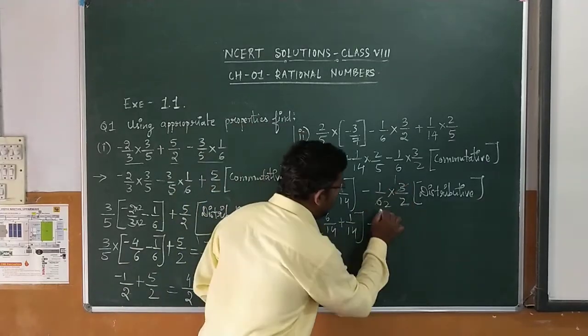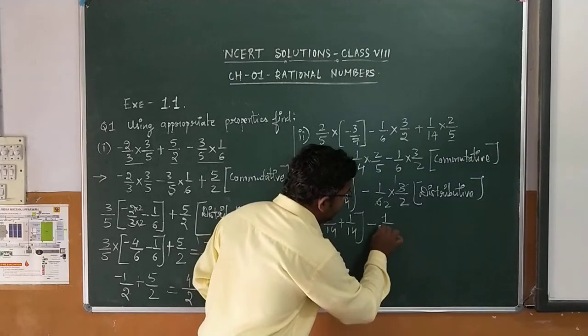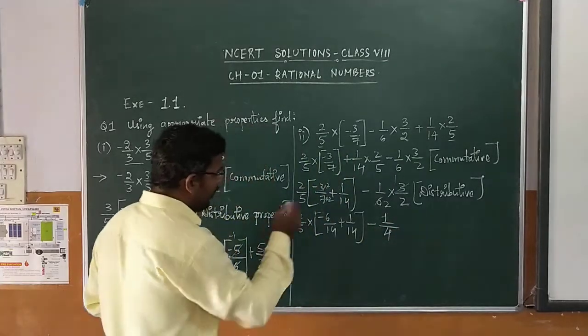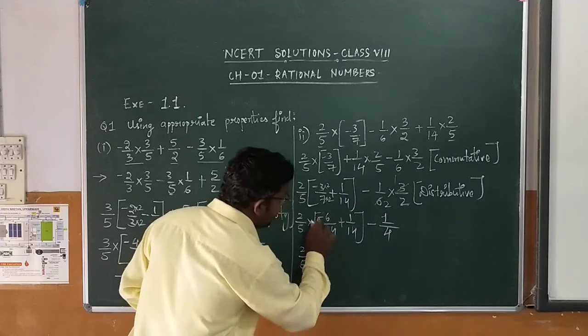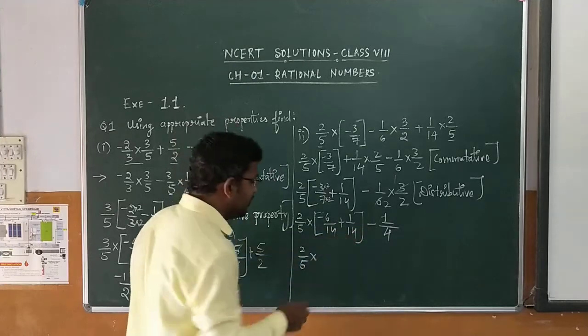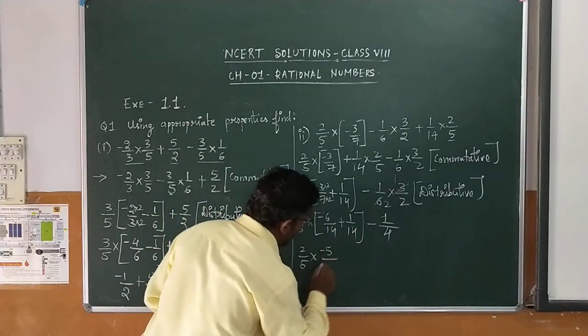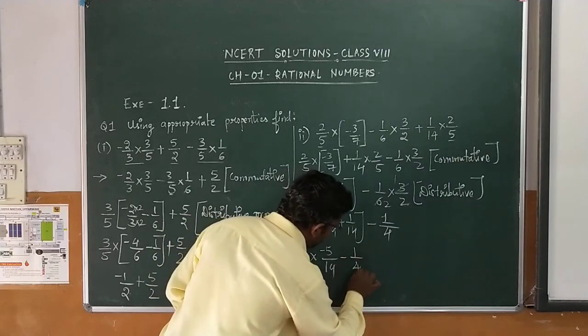Now you get 1 into 1, 1, and 2 into 2, you will get 4, so 1 by 4. Okay, so 2 by 5 into, now simplify this one. Minus 6 plus 1 will be minus 5 divided by 14, minus 1 by 4.